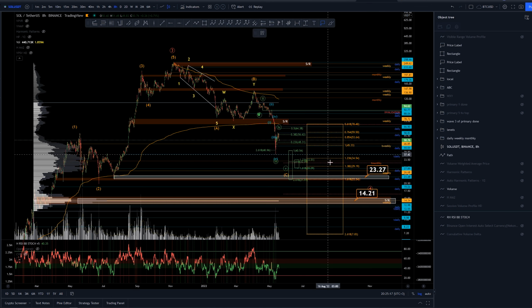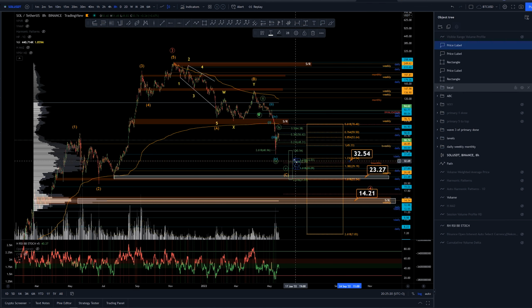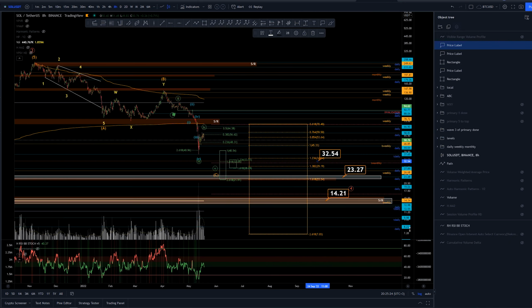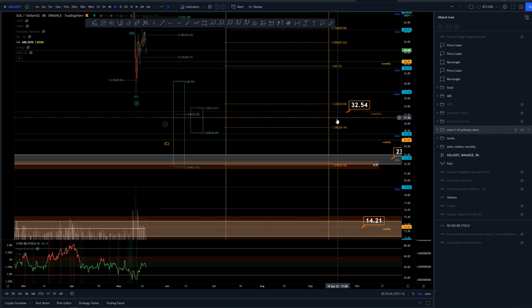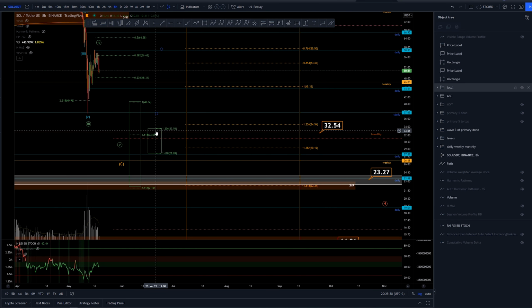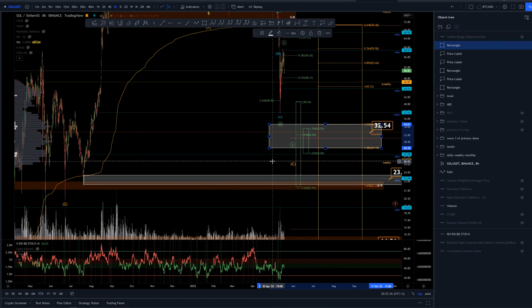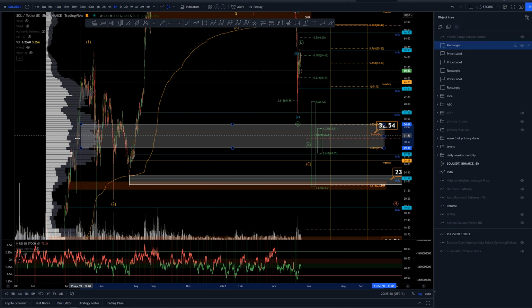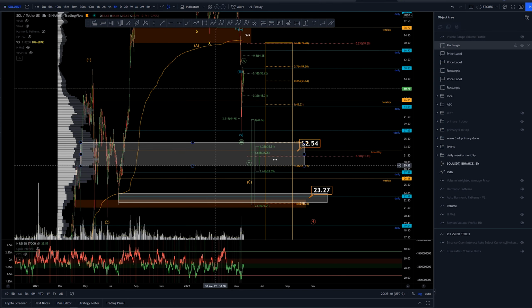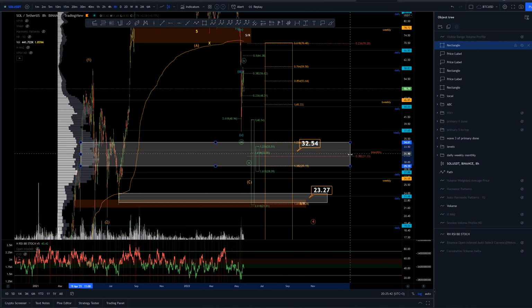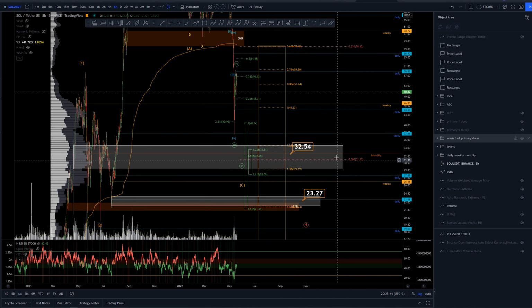We have this monthly here that is ticking both of the green boxes and is aligning really well with these targets here, so an area of interest as well. This monthly has been tapped though, so it is not that valid anymore. I shouldn't say not valid, but it is not as effective, I guess.